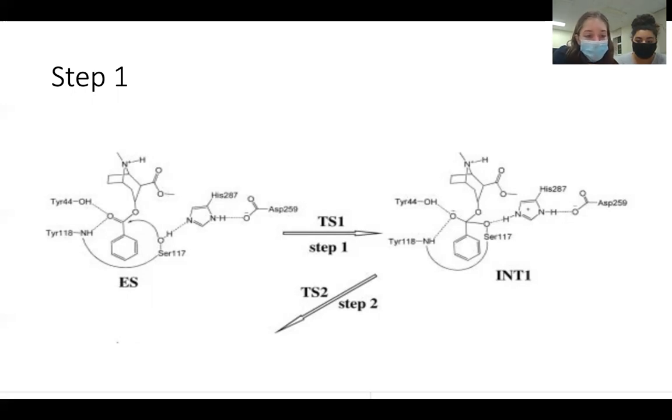Additionally, tyrosine residue can activate the substrate ester bond as an electrophile along with the main chain of tyrosine 118, and then the serine residue attacks the carbon of the substrate benzyl ester. A tetrahedral state is formed. The oxyanion hole stabilizes the charge on this transition state, and the tetrahedral intermediate collapses, acylating the serine residue with the benzyl group.